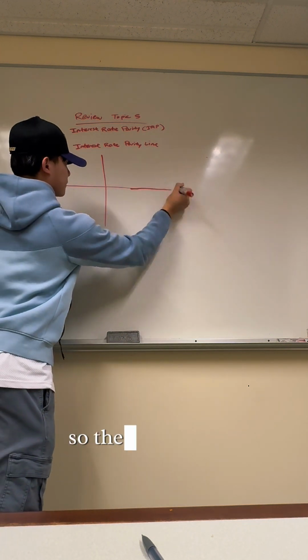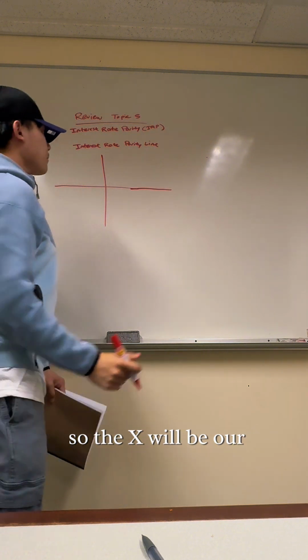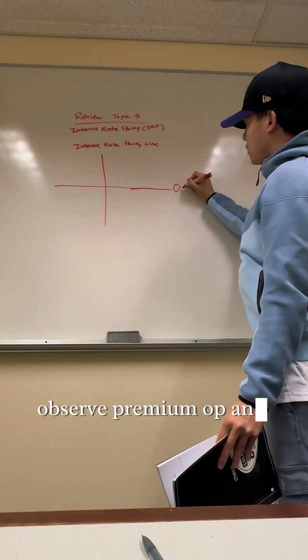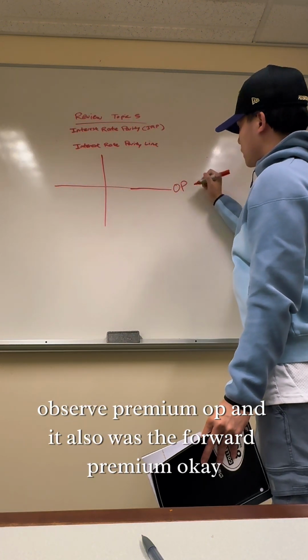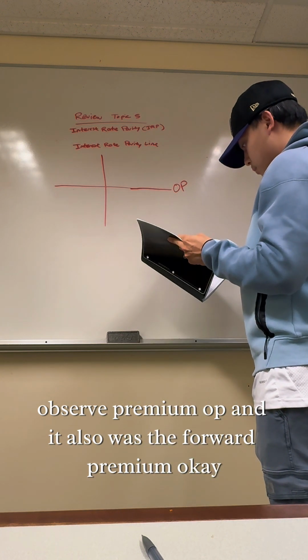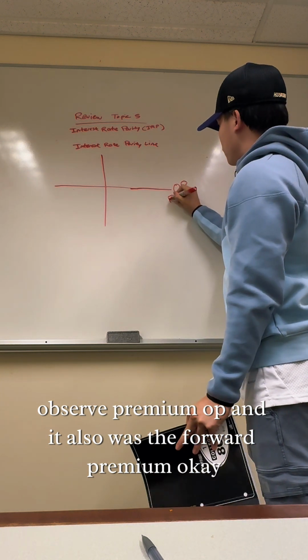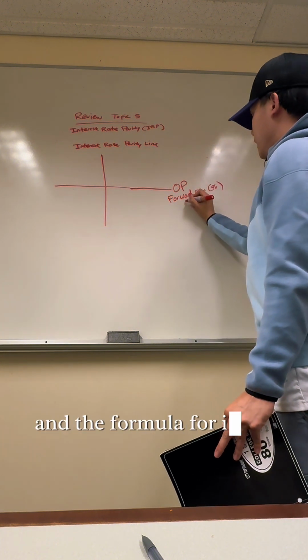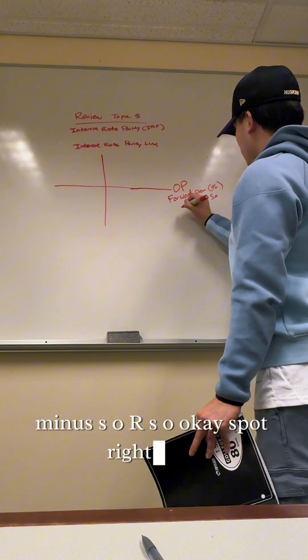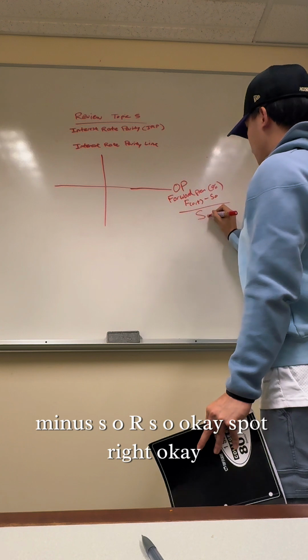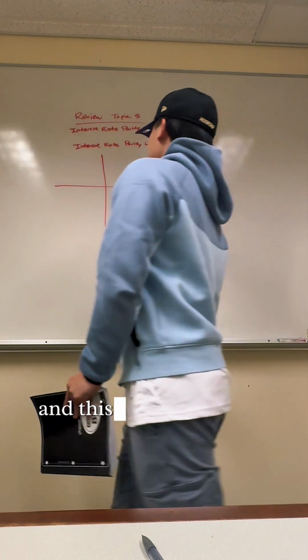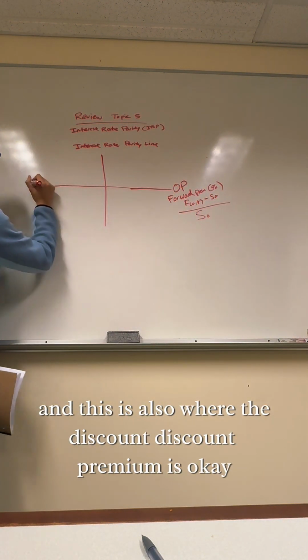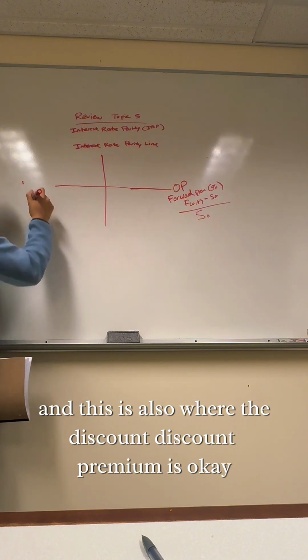So the x axis will be our observed premium, OP, which is also the forward premium. The formula for it was F minus S0 all over S0, where S0 is the spot rate. And this is also where the discount or premium is.